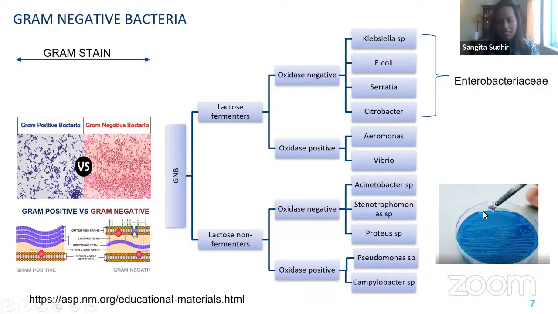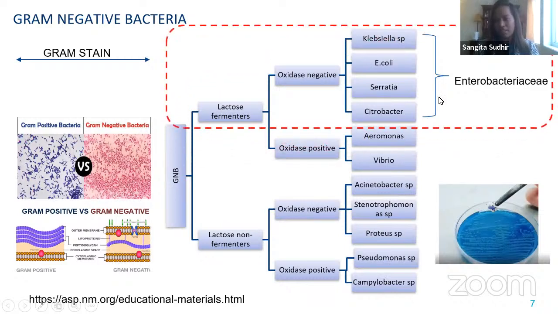In that case, it is oxidase positive. But all our Enterobacteriaceae are oxidase negative. That means they don't have the ability to produce cytochrome oxidase enzyme, and they are also lactose fermenters. So hope that's clear.